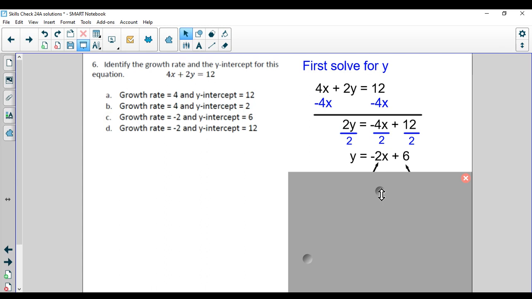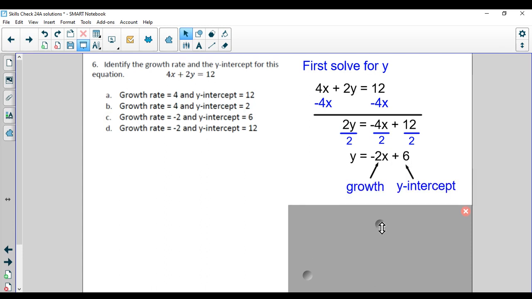So that is my equation in y equals mx plus b form. The m, which is right here, is our growth rate, and the b, which is here, is the y-intercept. So that means that the correct answer is C.